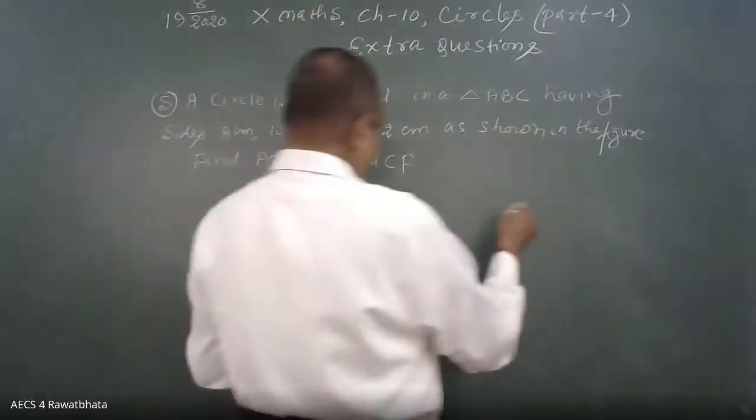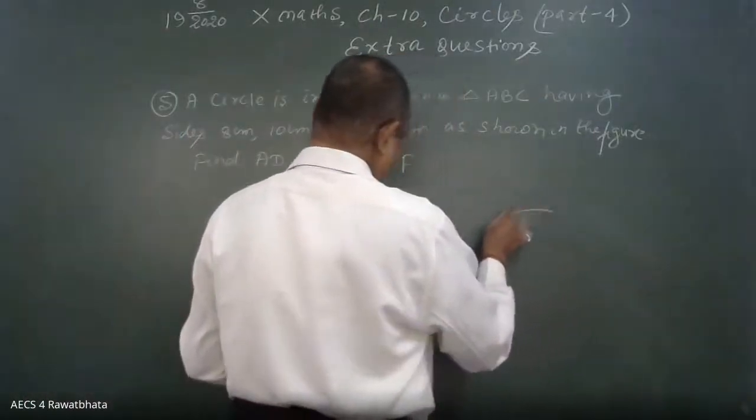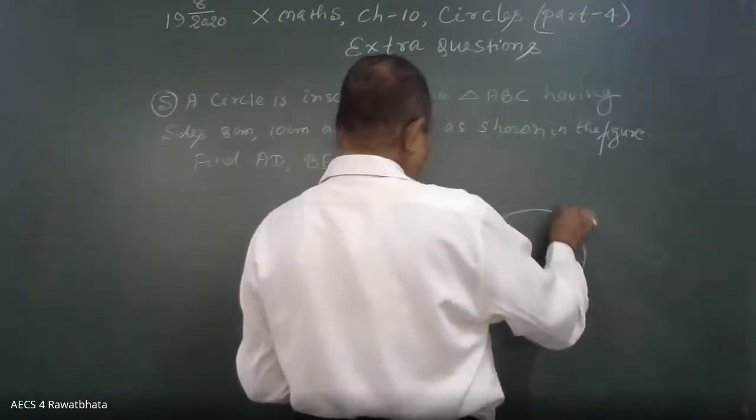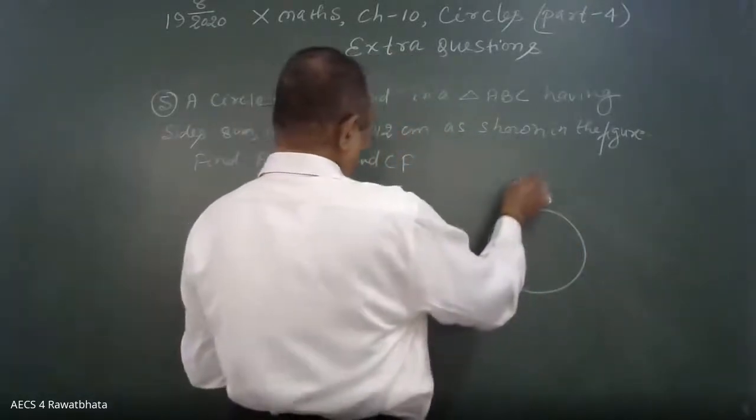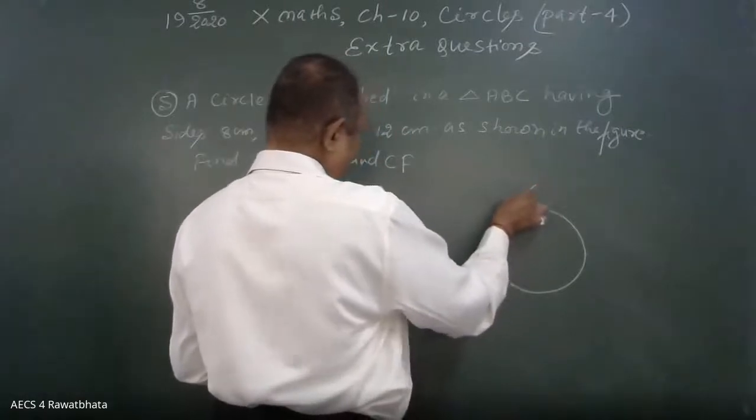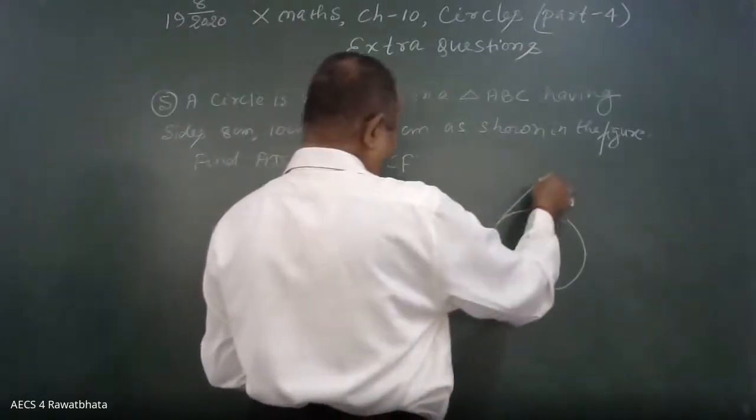So this is a circle. Draw a circle of any radius, and this is a triangle.